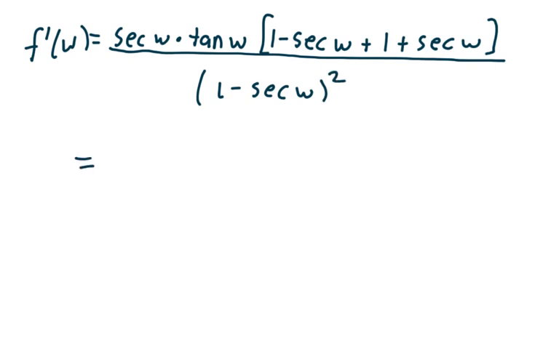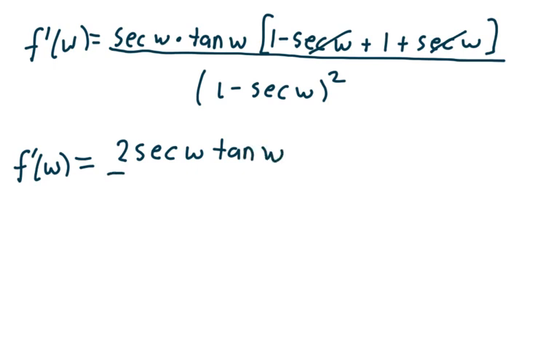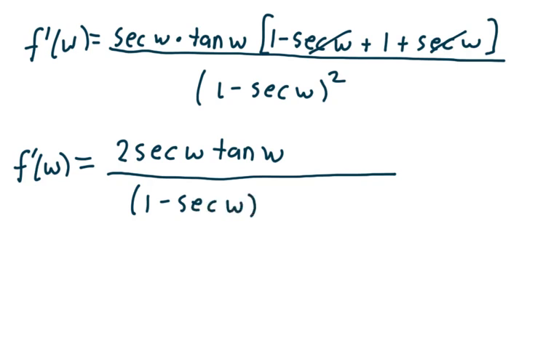And then notice how the secant w's can cancel. 1 plus 1 is 2. So f prime of w is 2 secant w tangent w, all divided by 1 minus secant w raised to the second.